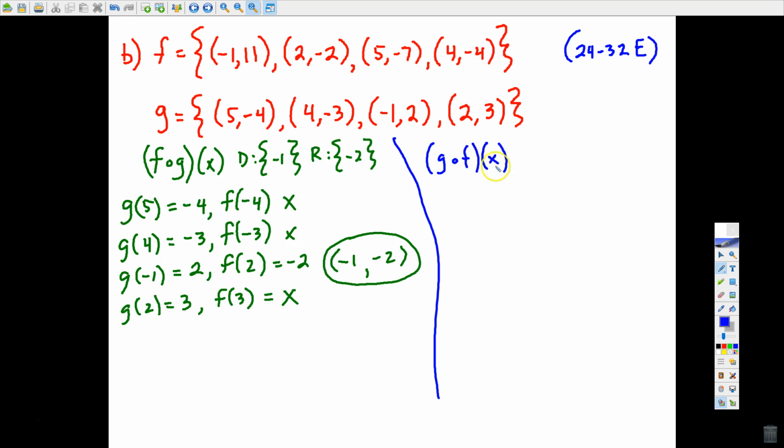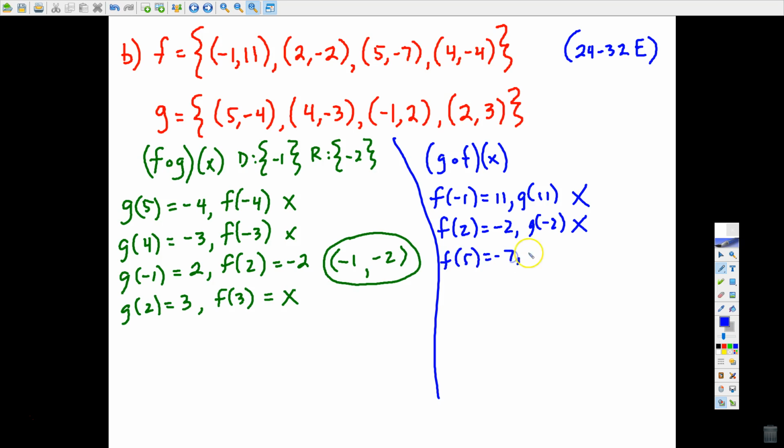Okay, so again, start inside, work your way out. So let's evaluate the f function. F of -1 is 11. There is no input 11, so that doesn't exist. F of 2 is -2. And when I try to do g of -2, there is no x-coordinate -2. There is no input for that. So let's do f of 5, that's -7.